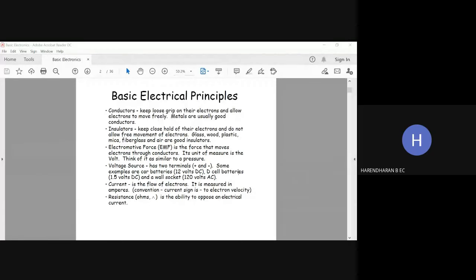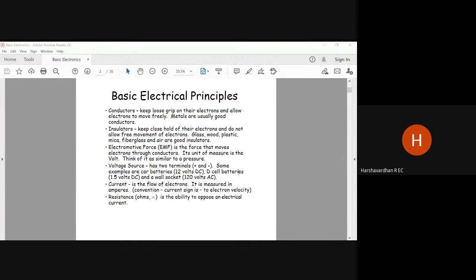Yes, Ganesh. Assume that a pipe is a conductor and the water has electron. Okay, again, you are becoming too technical. Go ahead.